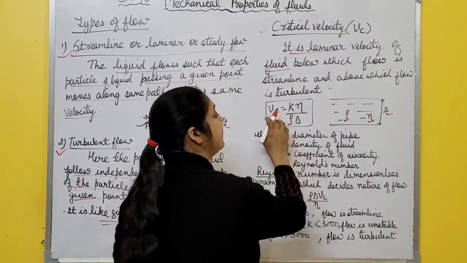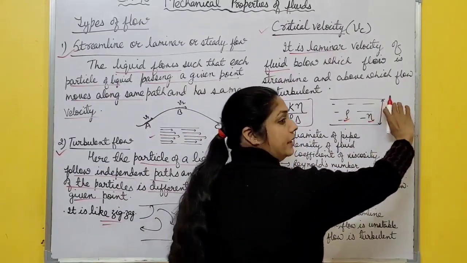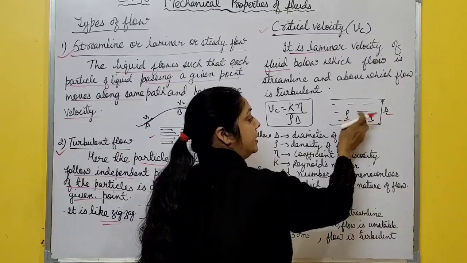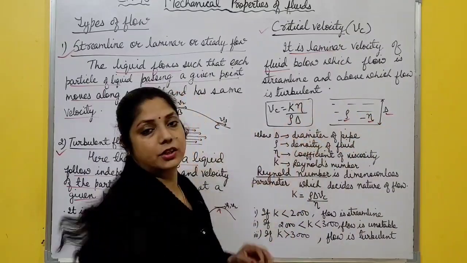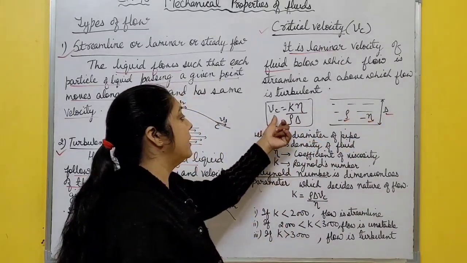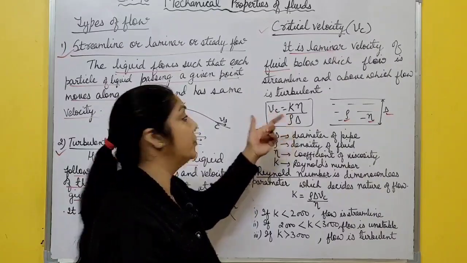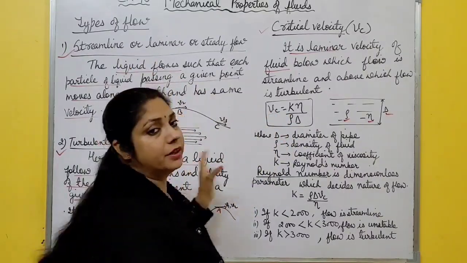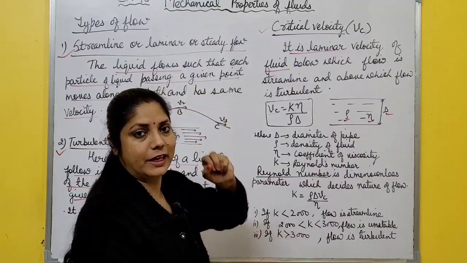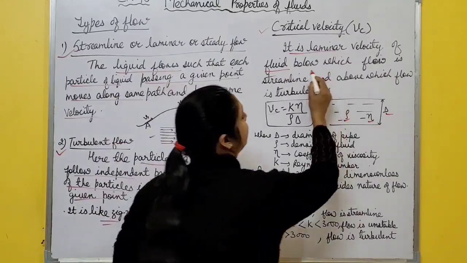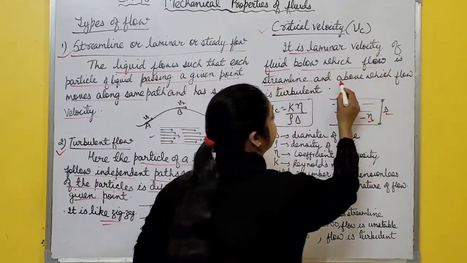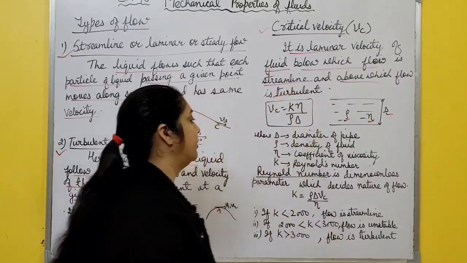Then this critical velocity depends upon the diameter of the tube, viscosity and also the density of the fluid. So this critical velocity decides whether the flow is streamline or turbulent. It is a certain limiting value below which flow is streamline and above which flow is turbulent, right?